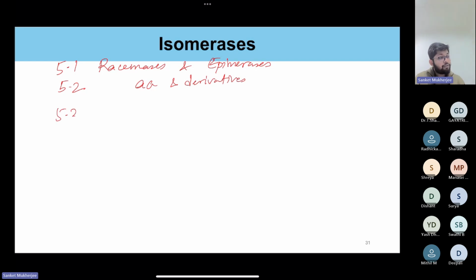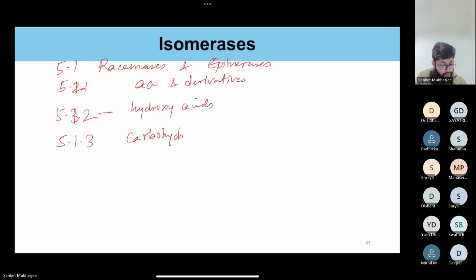Okay, sorry, these are subclasses. 5.1.2 on hydroxy acids, 5.1.3 on carbohydrates, 5.1.4 on other compounds.